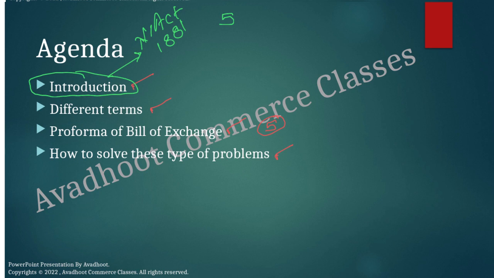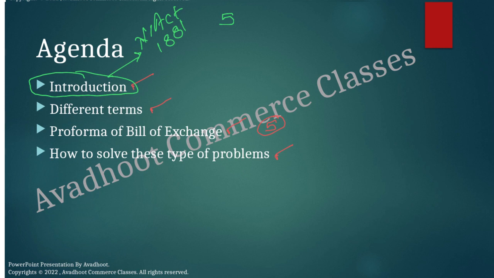Directing a certain person to pay a certain sum of money, only to that particular person, or to the order of a particular person, or to the bearer, the person who bears it. According to the NI Act, once a bearer is always a bearer. Anyhow, that will be seen at the time of the Negotiable Instruments Act.